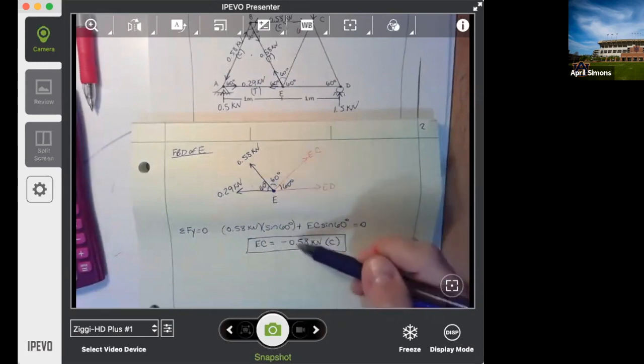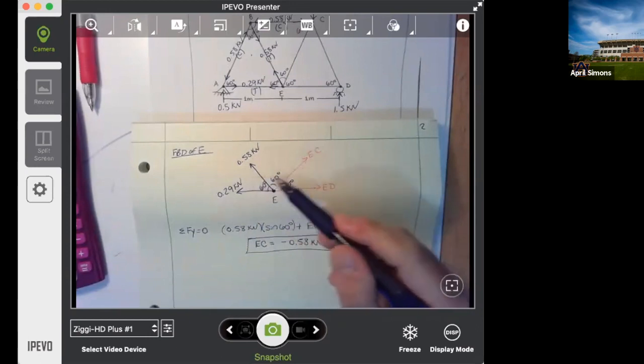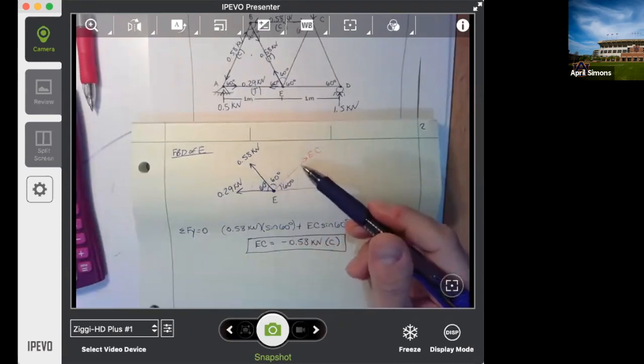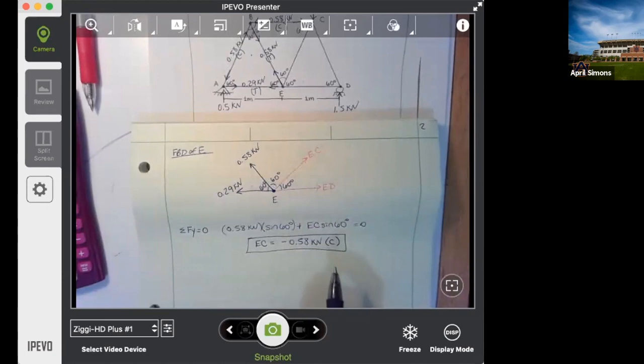So they are equal in magnitude, but the thing to remember is the X and the Y forces have to balance. Here the X's are drawn opposite, but the Y's are drawn the same. Both of them are drawn with positive Y's, which is why we end up with a negative for EC here, which is why EC is in compression.